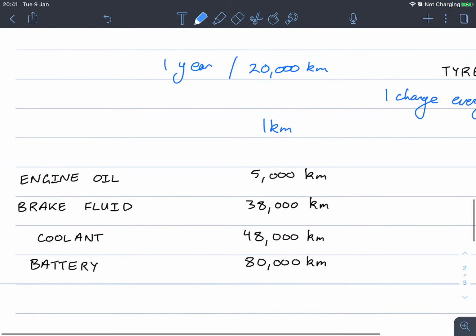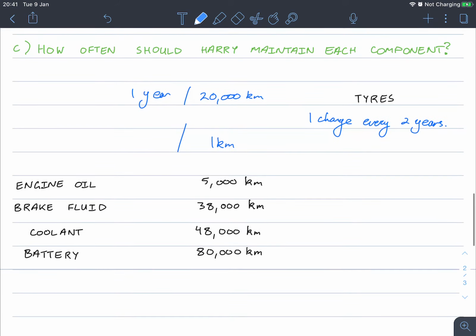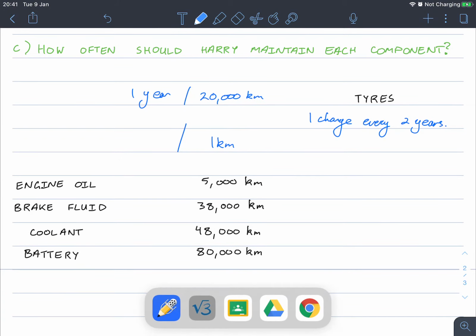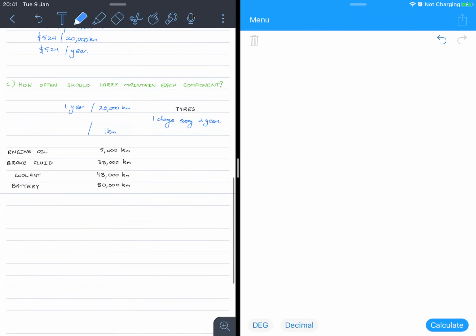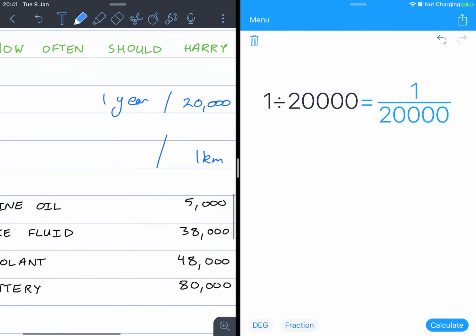But for the others, not as clear. So what we're going to do is find per 1 kilometer. So 1 year divided by 20,000, that's going to be a very small number. So 1 divided by 20,000. Let's do this just as a fraction. That's 1/20,000th of a year.